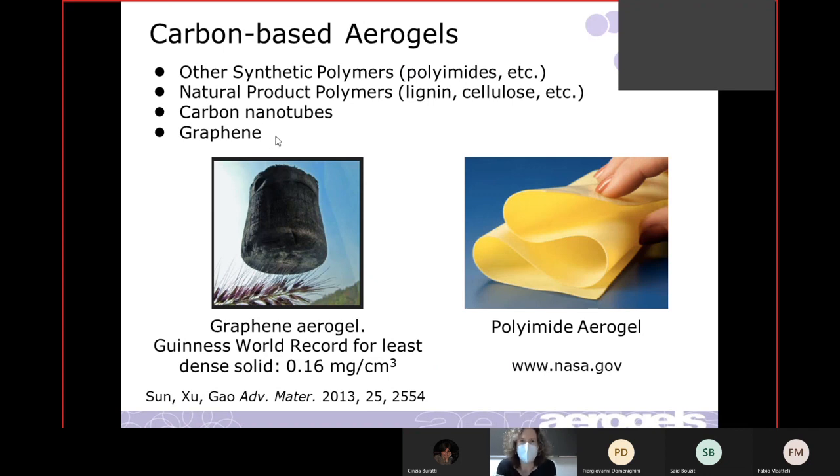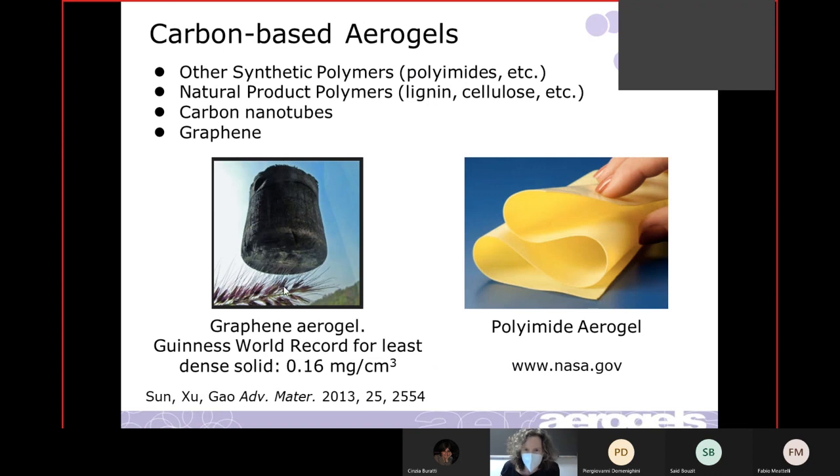So it's one long molecule, has very unusual properties. Graphene aerogel made by a group from China currently holds the Guinness World Record for least dense solid. You are reading the units right. This is 0.16 milligram per centimeter cubed. So extraordinarily light, and they're showing it on top of this little grain, and it's just not even denting that. So it's extremely light material.